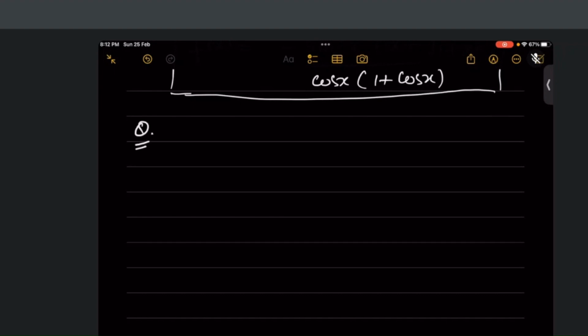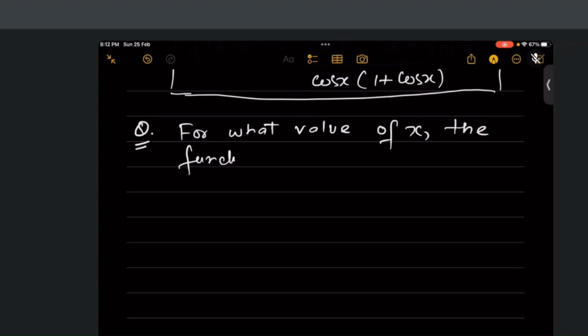Now this question I want you guys to do quickly because it is basically the same question we did earlier. The question is, for what value of x is the function f of x equal to x plus 1 to the power alpha, where alpha is not equal to 0 belonging to R, ill conditioned.